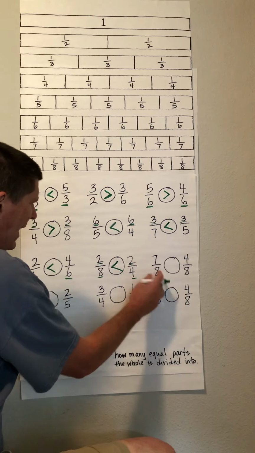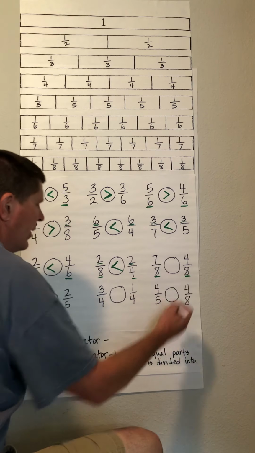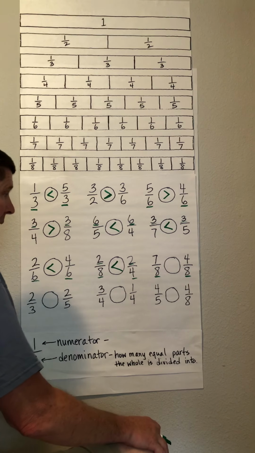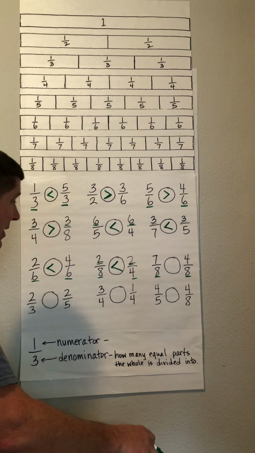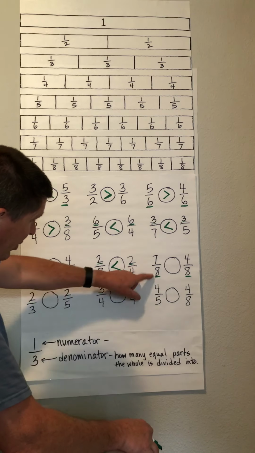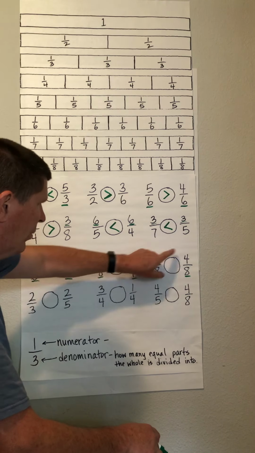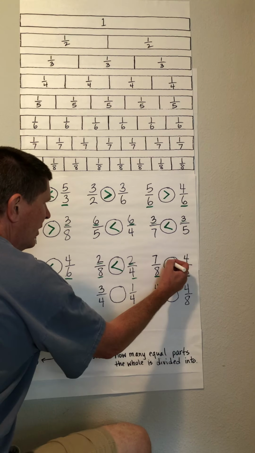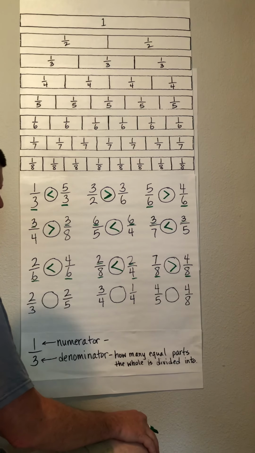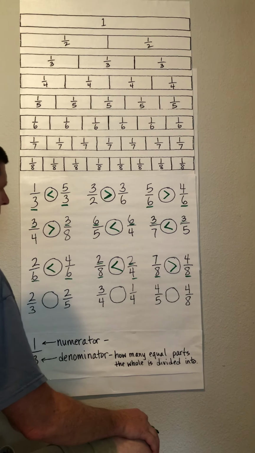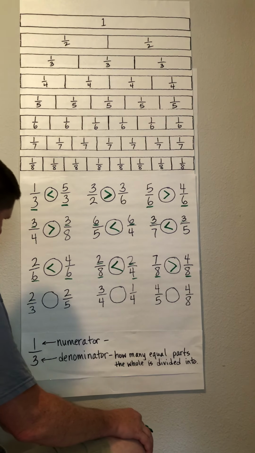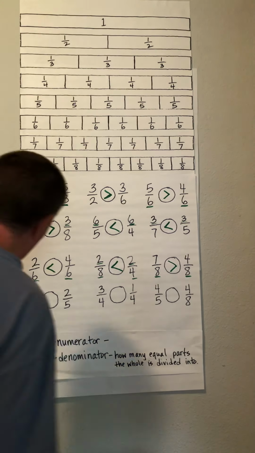Okay, now back to another fraction where we have the same denominator, so the pieces are the same size. Now, would you rather have 7 of them or 4 of them? Well, 7 is greater than 4, so 7/8 is greater than 4/8. Okay? All right, last row.